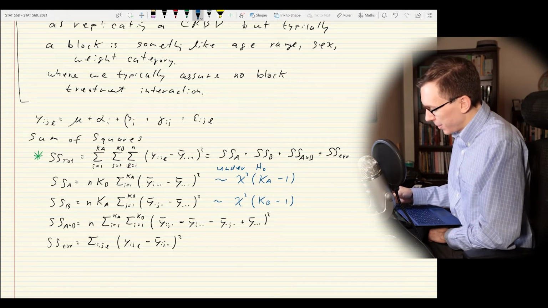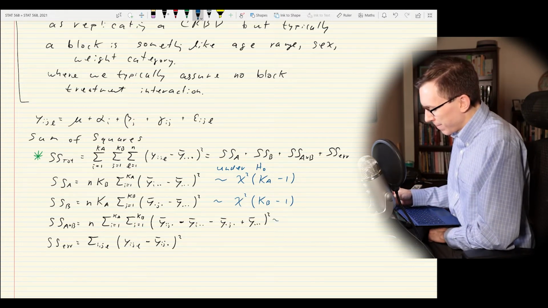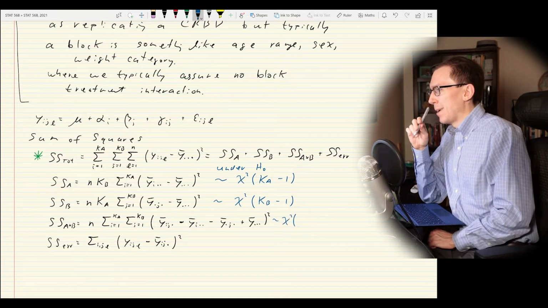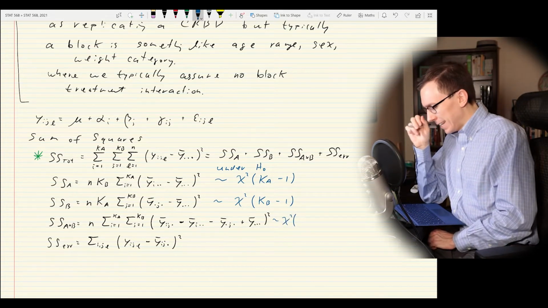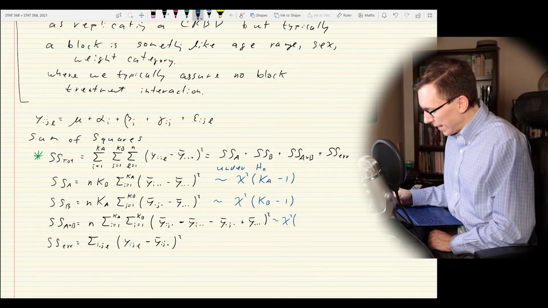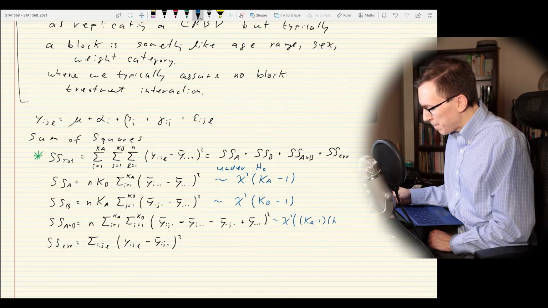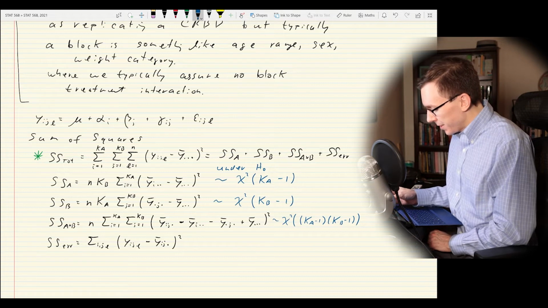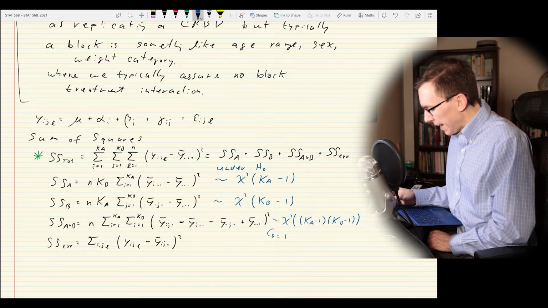For the interaction term, you kind of saw what it was in the complete randomized block design. I'll just write down the answer and then we'll talk about it in a second. It's going to be (Ka minus 1)(Kb minus 1), which, if we write that out, equals Ka Kb minus Ka minus Kb plus 1.